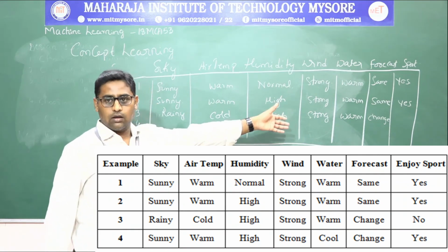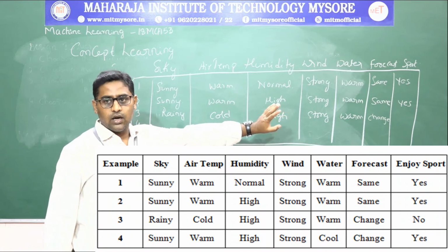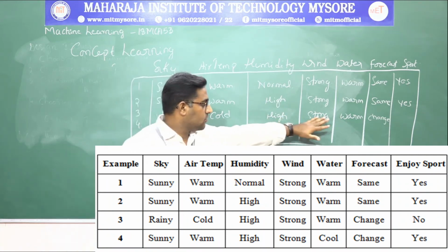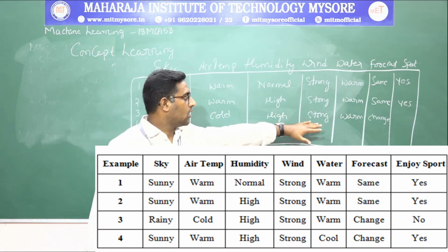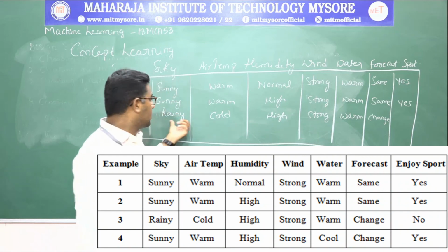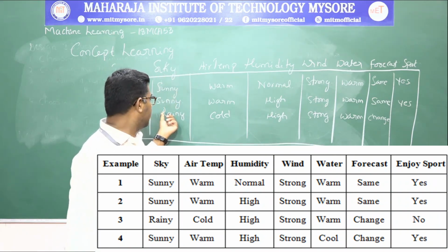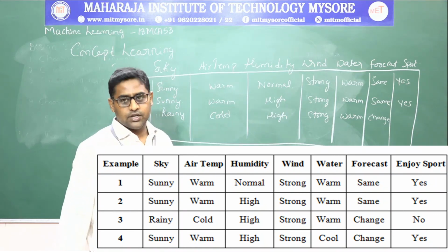Forecast was different and it has been changed. The forecast said it would not be too rainy or too cold. Humidity is high, wind is strong and water will be warm were approximately correct, but the weather condition changed with respect to air temperature and sky, like it went to rainy and cold. So now the forecast has changed.